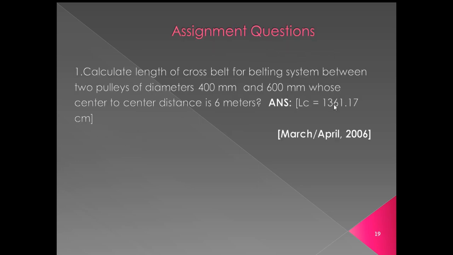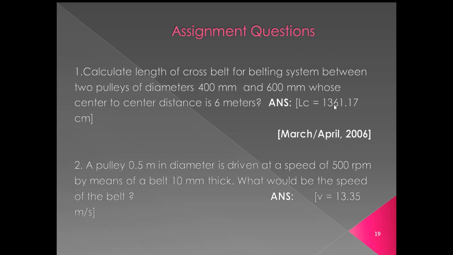Some assignment questions. Calculate the length of a cross belt for a belting system between two pulleys of diameter 400 mm and 600 mm, whose center to center distance is 6 meters.